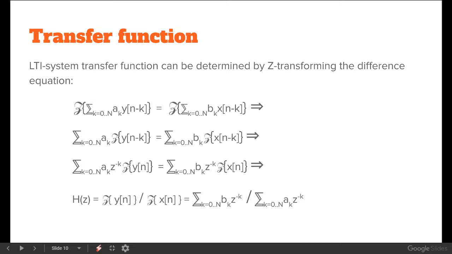So how about dividing that one there and dividing that one there? We have on numerator b_k times z to minus k. Denominator is a_k times z to minus k. Wow. Okay.